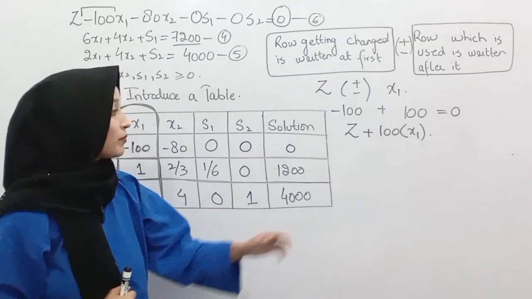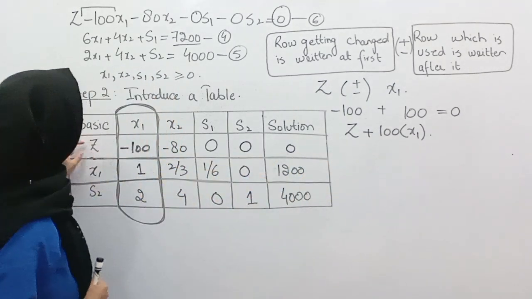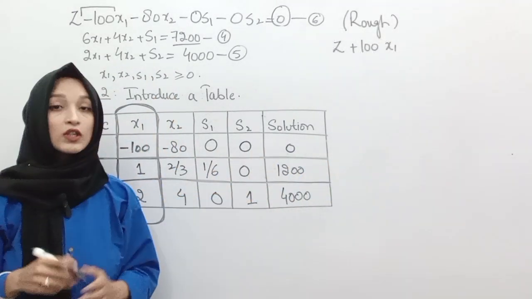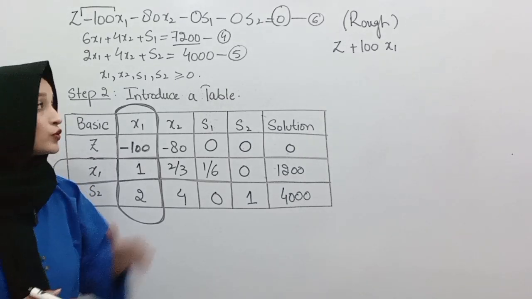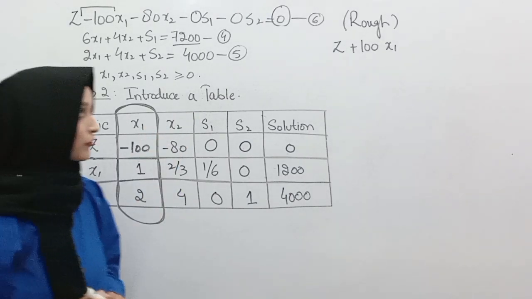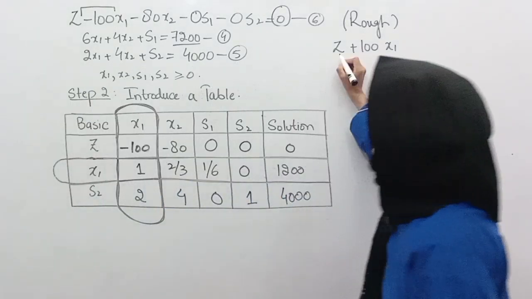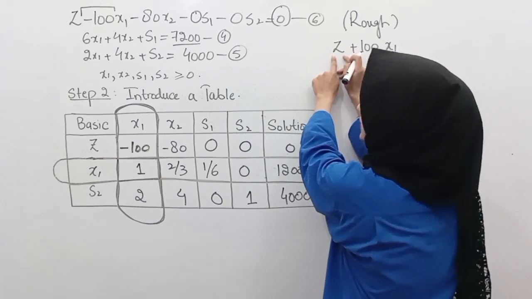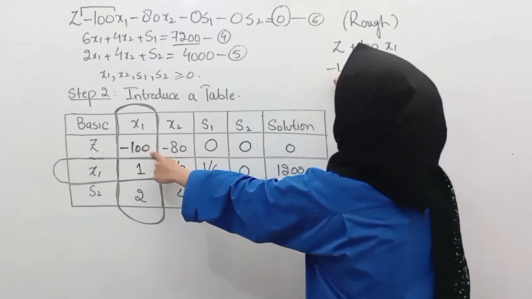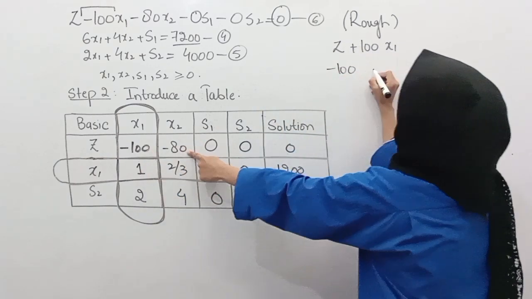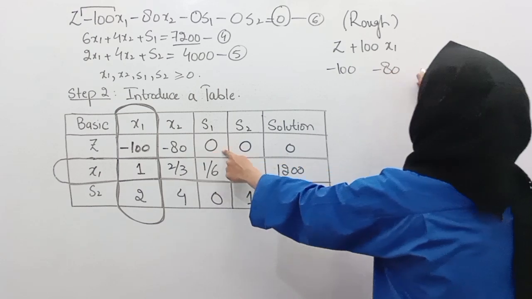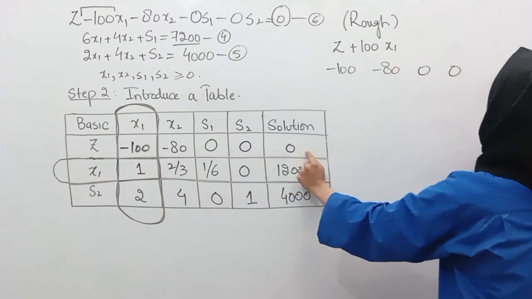Now you have to apply this operation on this z row. To avoid any mistake, I suggest you follow these steps in the rough work. That is, first write the complete row z, which is minus 100, minus 80, 0, 0, 0.